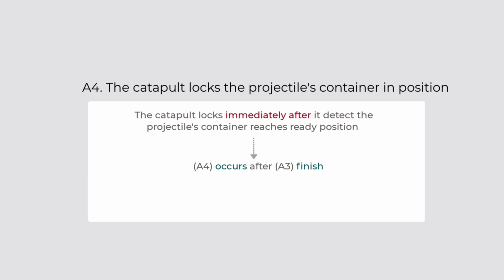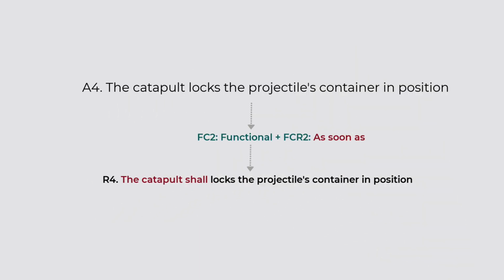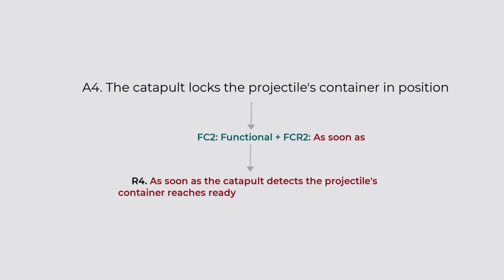Thus, besides the formula FC2, we need to apply formula FCR2 as well. The application of the formula FCR2 requires the addition of the phrase "as soon as." When both formulas are applied, the requirement becomes: as soon as the catapult detects the projectile's container reaches ready position, the catapult shall lock the projectile container's position.